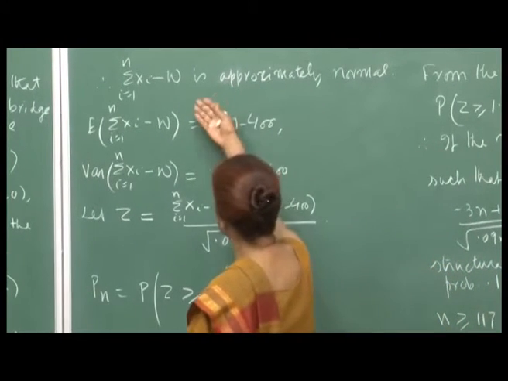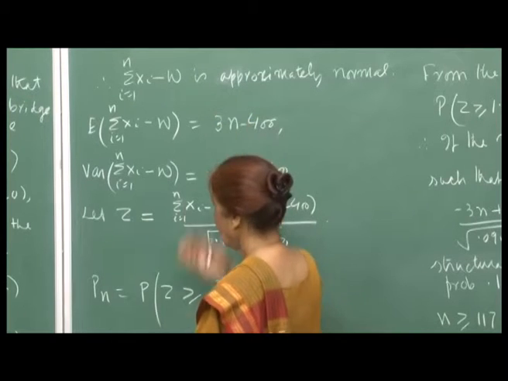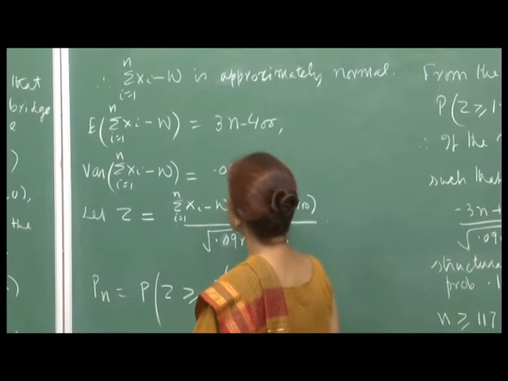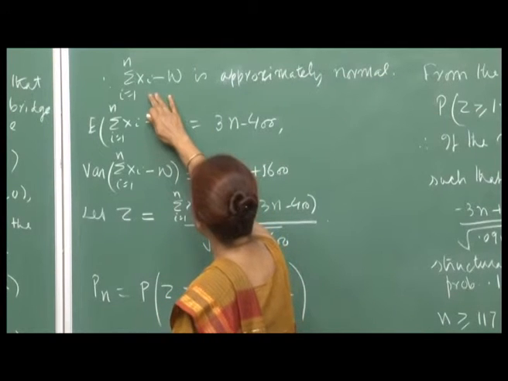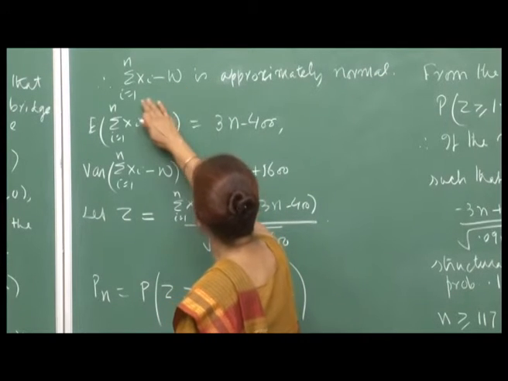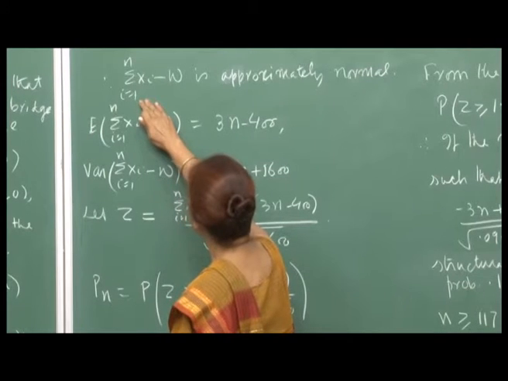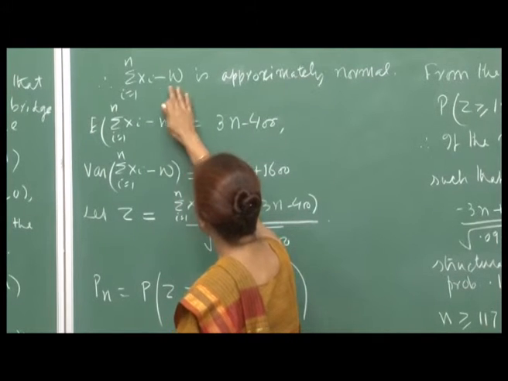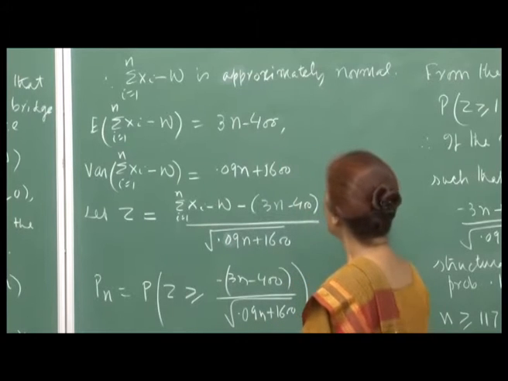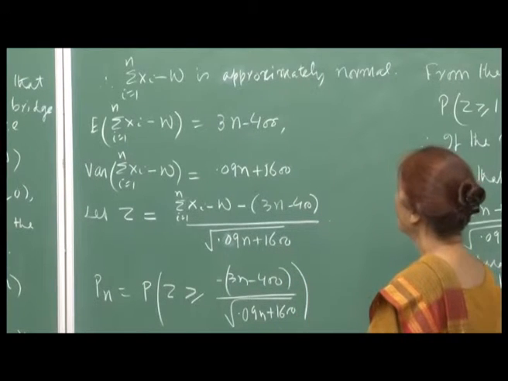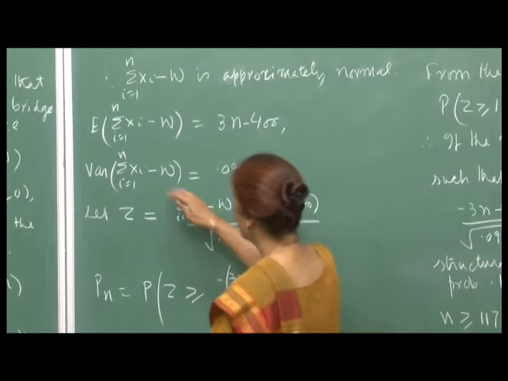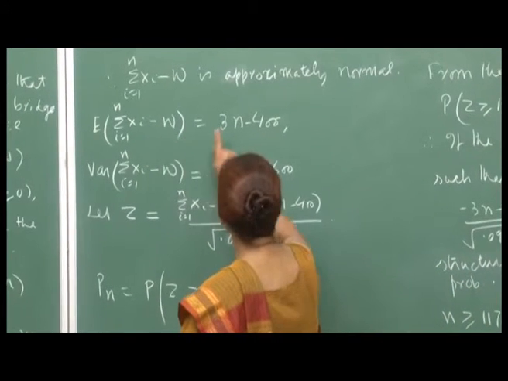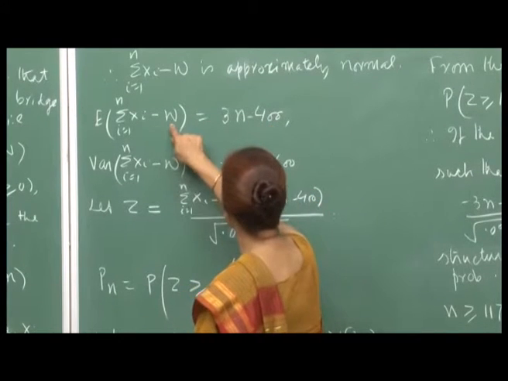And we will again revisit all these summations of random variables and their distributions, but right now we have enough machinery with us to say that sigma x i minus W is approximately normally distributed, and the mean of this normal variate is 3 n minus 400.